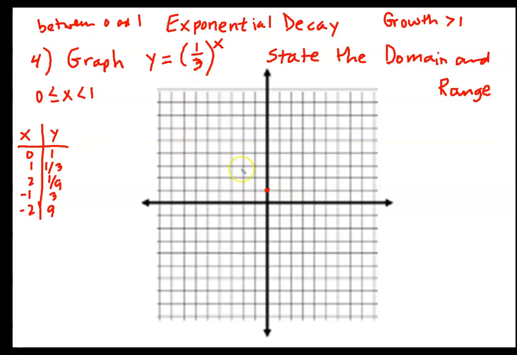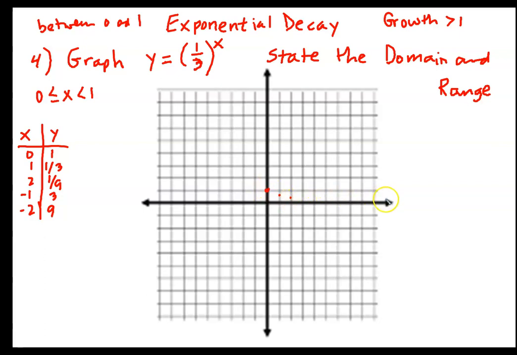All right, so once again, we have the same y-intercept that we had for growth, but notice a big difference in the way the graph looks. When I go to the right now, my inputs get bigger as x approaches positive infinity. Now my outputs are getting closer to the x-axis in this direction. So I'll call that 1/3, 1/9. And that's just going to keep on happening.